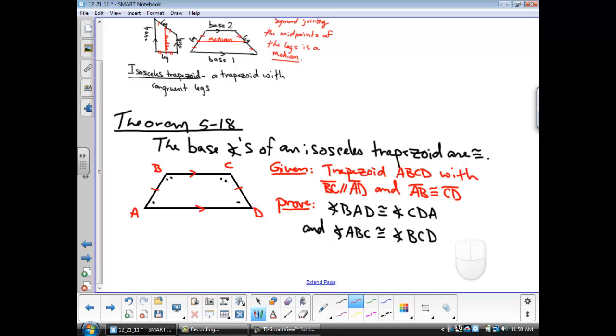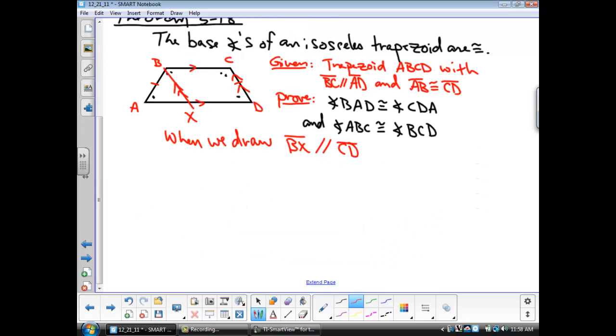What we decided is if we make a parallelogram, from B, let's go parallel to CD, which means, let's call this point X, and we have now a parallelogram BXDC. Opposite sides of a parallelogram are congruent, right?